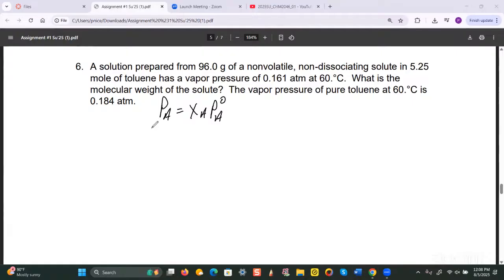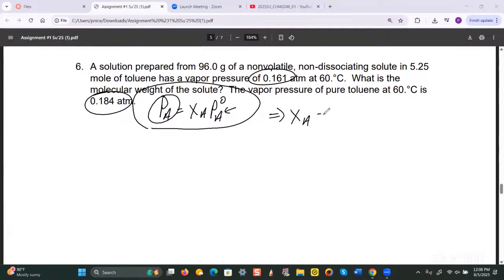So that's the equation we're going to use. Now, they gave you the 0.184, and they gave you the vapor pressure of the solvent, which is 0.16 atmospheres. So we can rearrange this to get the mole fraction, which is PA over PA0.